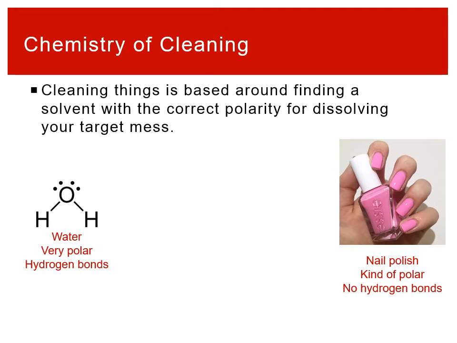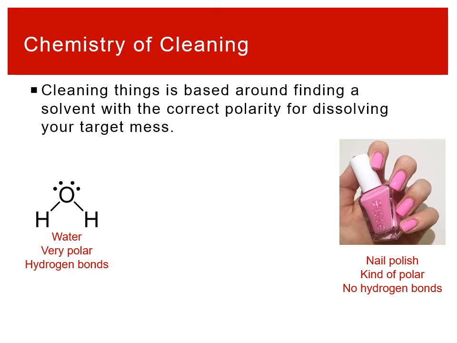So cleaning things is really all about finding a solvent that dissolves what you want to dissolve. When you are cleaning things, it's all about matching the solubility of what you're trying to dissolve. For example, water is our common thing we use to clean.